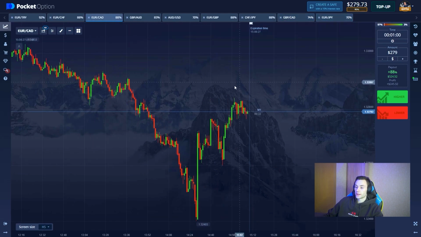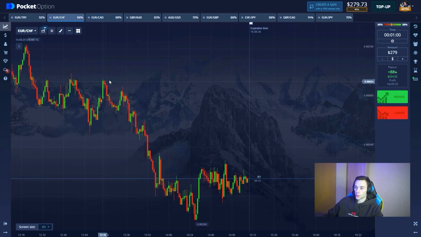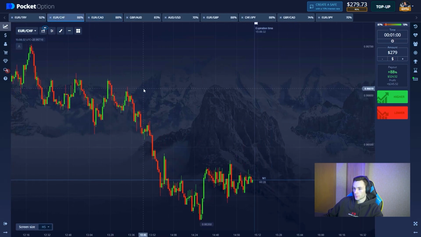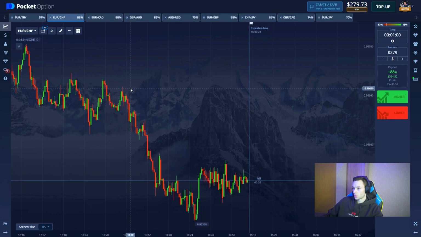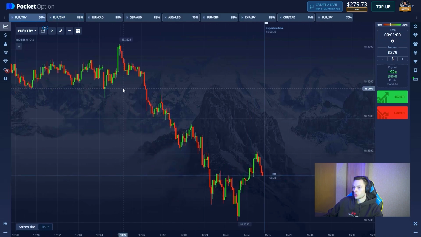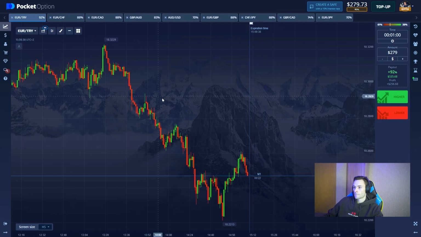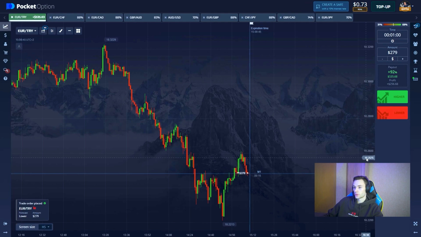Let's continue analyzing and consider all the options. Well, what do we got here? The downward trend dominates here, and probably we should open a short position considering the direction of the downtrend.